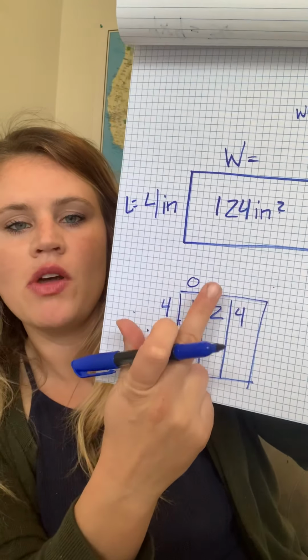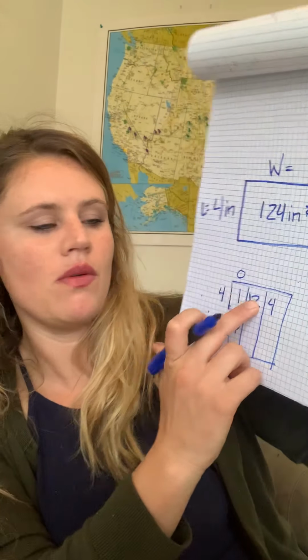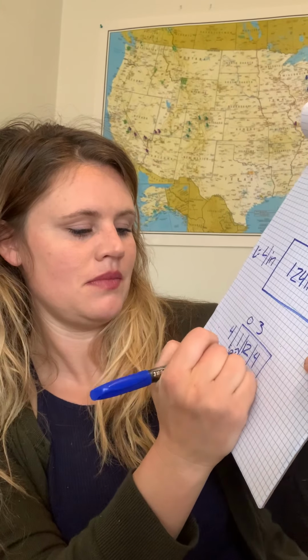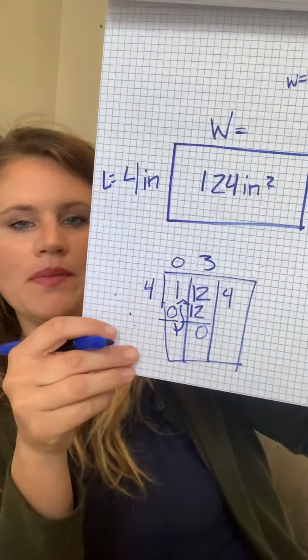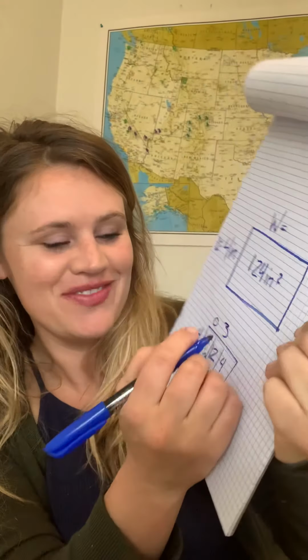I ask myself, what times 4 is going to give me 12? Well, I know 3 does. 3 times 4 is 12. I subtract. I have 0 left over. If you want, you can bring that 0 up. If you know you don't have to, you don't have to. Sometimes I just get into that habit.